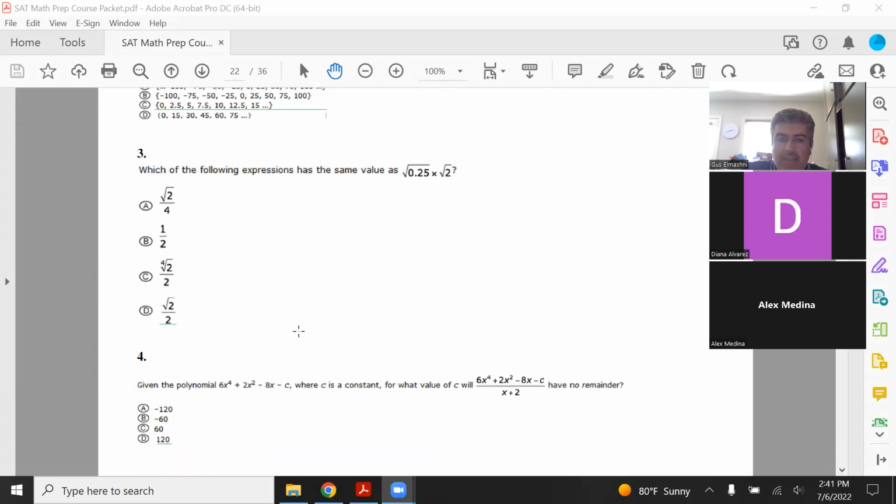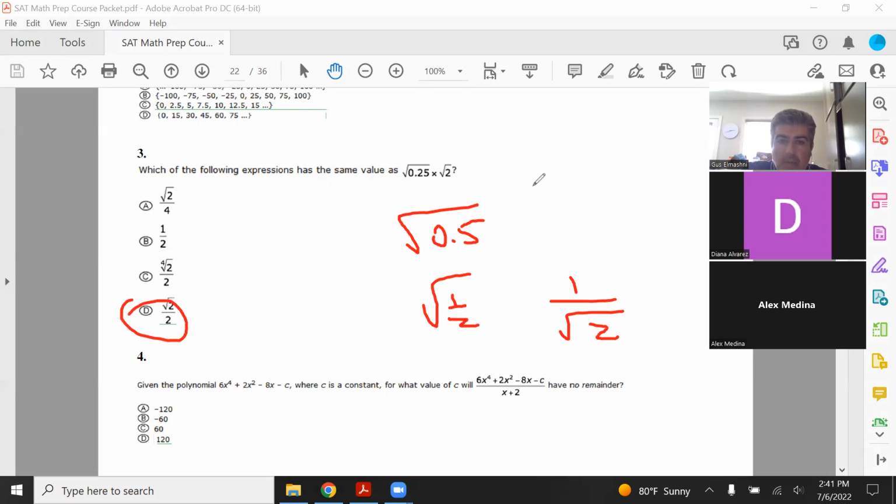What about 3? How did 3 go? I got D. It'll be roots 0.5, which would be root 1/2. And if you were to square root both top and bottom, you'd have that. And then you have to rationalize. Yeah, it is D. I'd agree. Because then you multiply top and bottom by root 2 afterwards, and you get root 2 over 2.